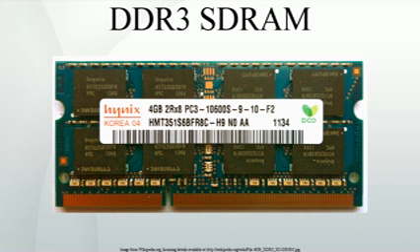DDR3L and DDR3U. The DDR3L, DDR3 low voltage, standard is an addendum to the JESD 79-3 DDR3 memory device standard specifying low-voltage devices. The DDR3L standard is 1.35 V and has the label PC3L for its modules.